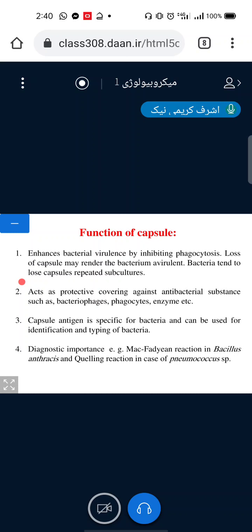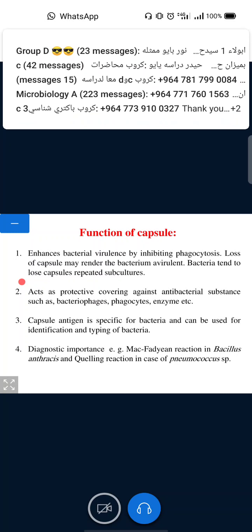It can protect the bacteria from antimicrobial substances, bacteriophages, phagocytes, and some enzymes.